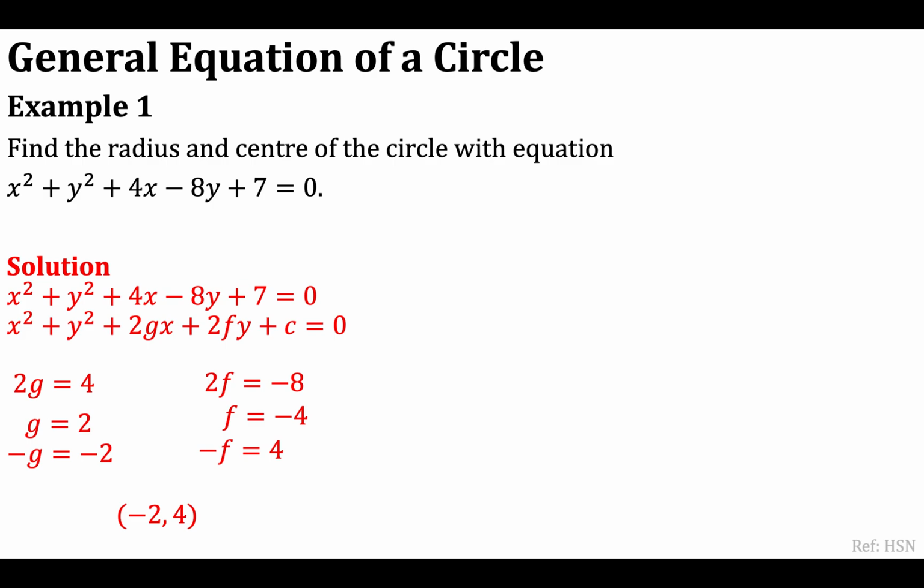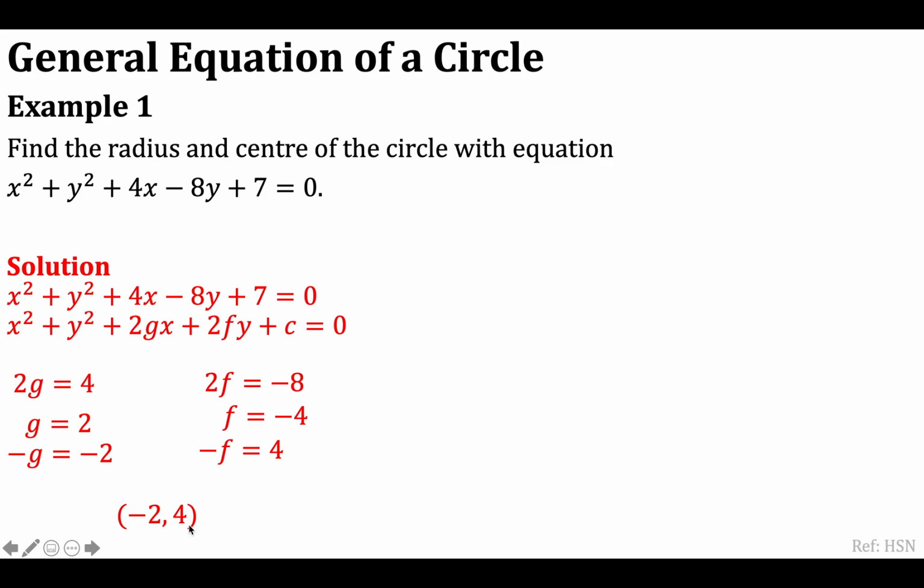Now, if you're thinking that's quite a long process and you can already see what's happening, you might notice that if we look at the coefficient of x, we are multiplying this by negative a half, and that gives us our x-ordinate. So 4 times negative a half is negative 2, and negative 8 times negative a half is positive 4.